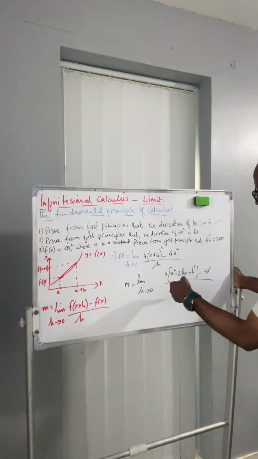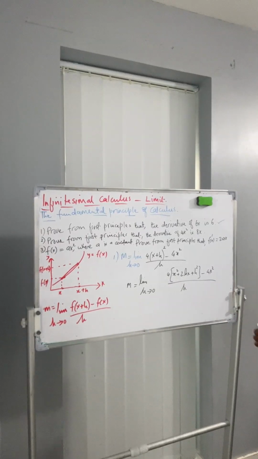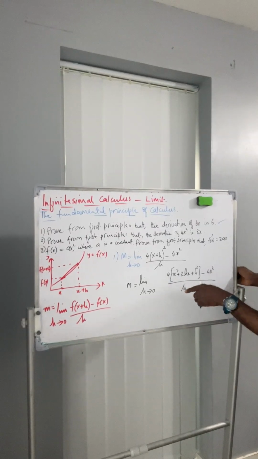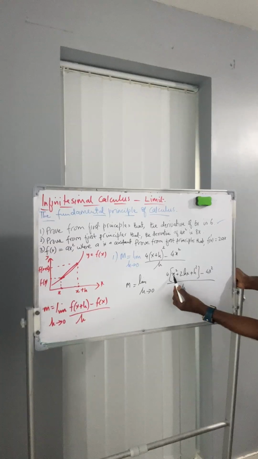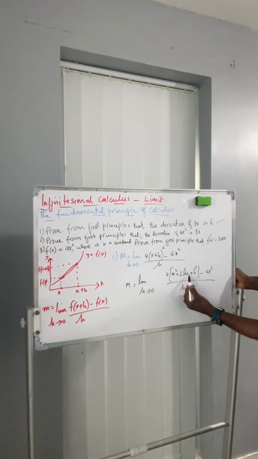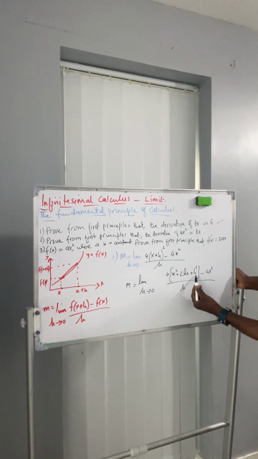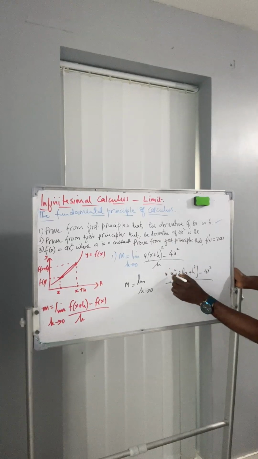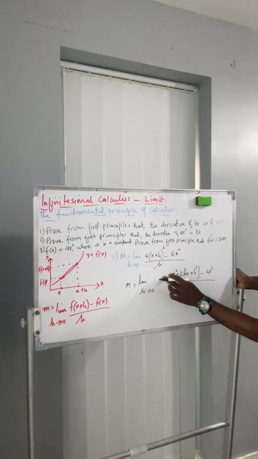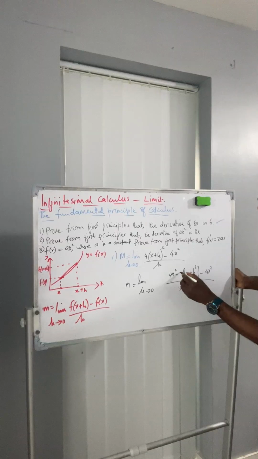Then you have this. So now if I remove these brackets, this is going to be 4x squared. This is going to be 8hx, and this is going to be 4h squared. Yeah? So I'll take out this. This 4 will be here. This will change to 8.